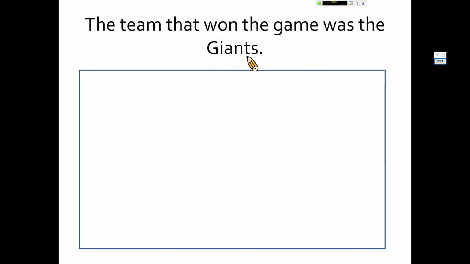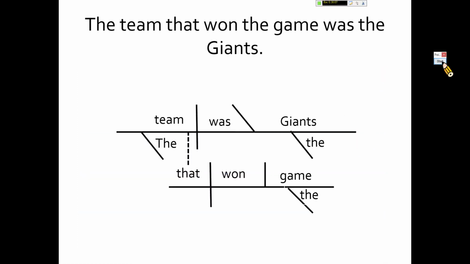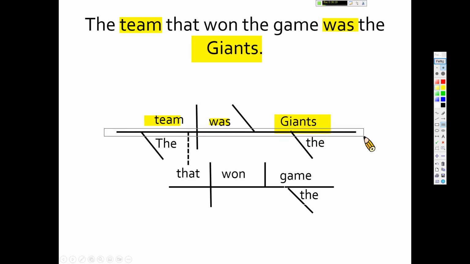Okay, so maybe we can practice this one. Okay, so let's see. The team that won the game was the Giants. So we can see this. This is the answer. So you can see here, team was Giants, right? So team was Giants above the main line. Divided by vertical line, we have a be verb, and diagonal line, we have a subject complement.